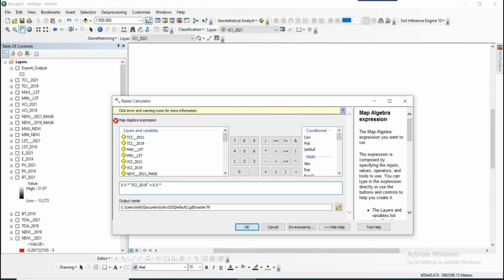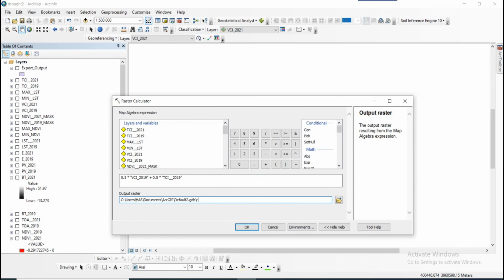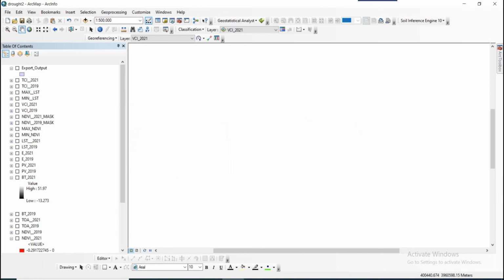VCI for 2019, TCI for 2019, and we will name it VHI, Vegetation Health Index, VHI 2019, because we use 2019 for both VCI and TCI.